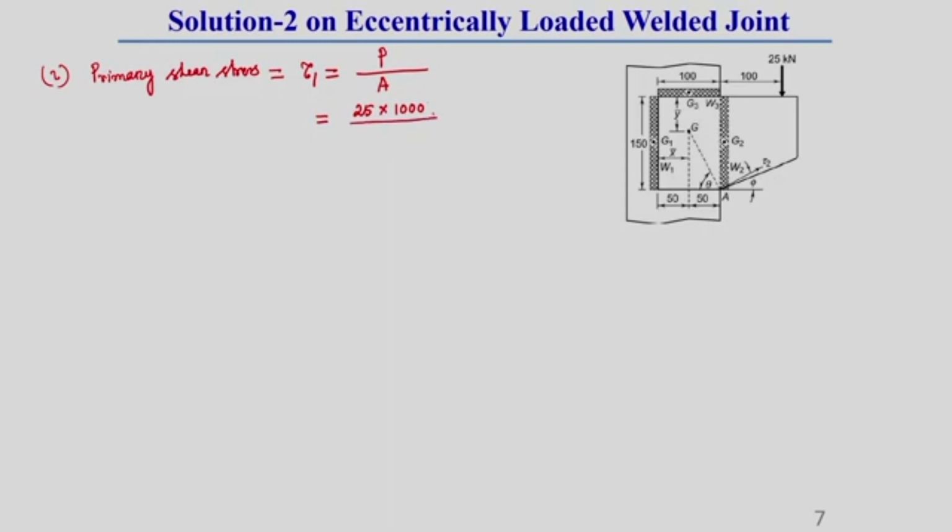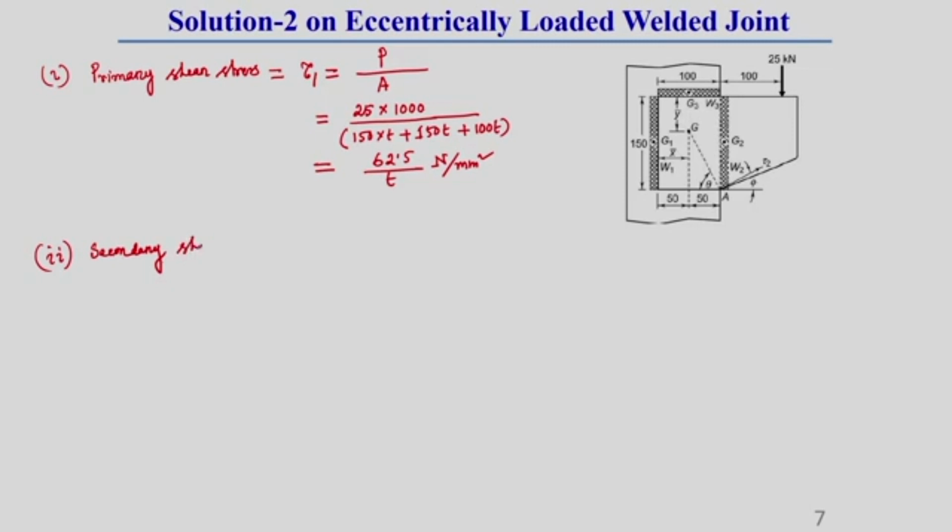Its cross sectional area is 150 into T for one vertical weld, another vertical weld, plus 100 into T. So, this will give us the primary shear stress equal to 62.5 divided by T Newton per mm square. This is the primary shear stress. Now, what is secondary shear stress? Now, we will go for finding out the secondary shear stress.